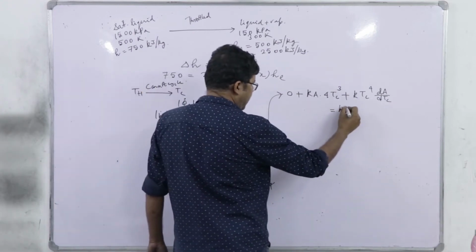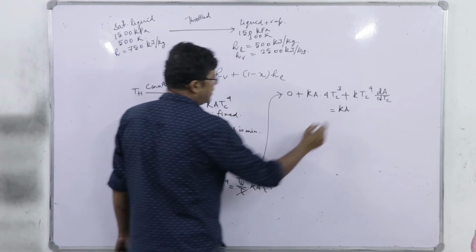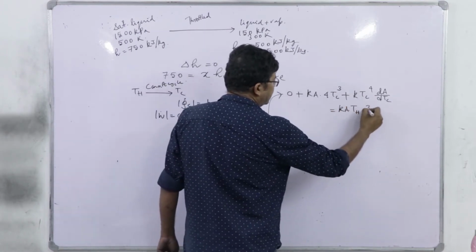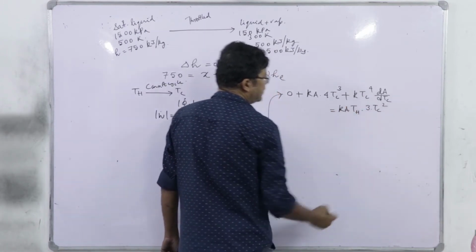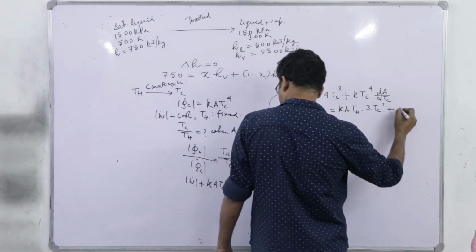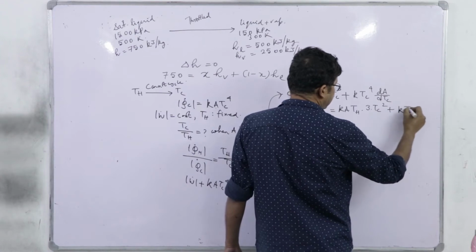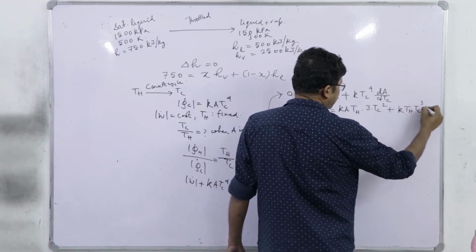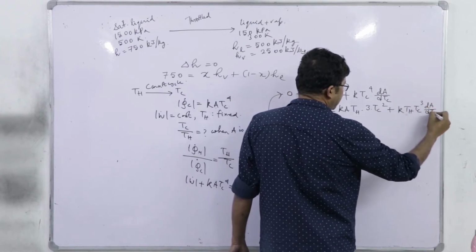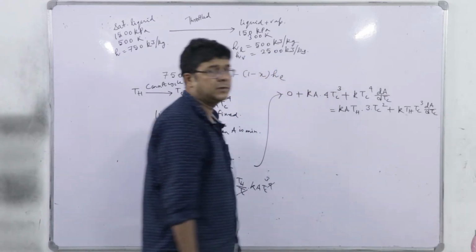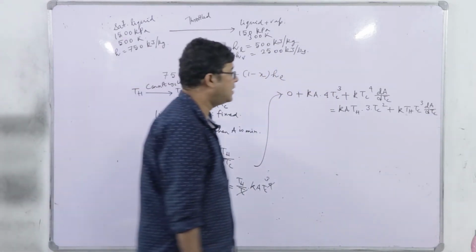So, Ka Th into 3 into Tc square plus this Ka or K Th Tc cube into dA dTc. Now, dA dTc must be equal to 0, which is the necessary condition for minimum.